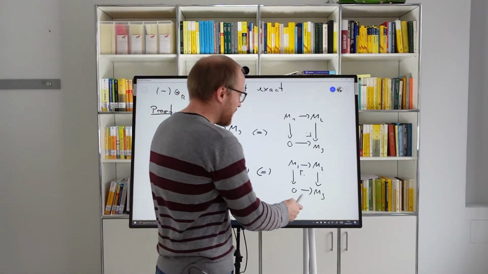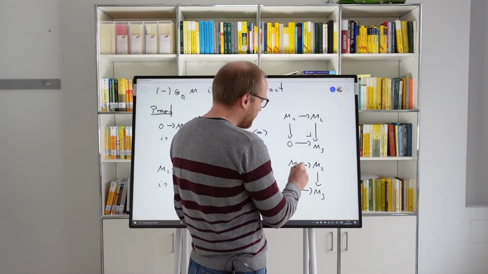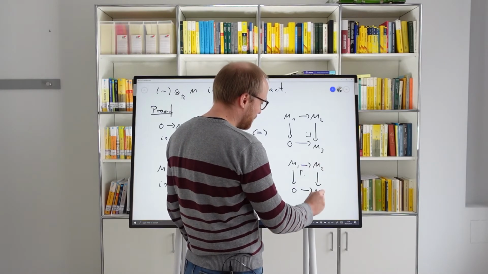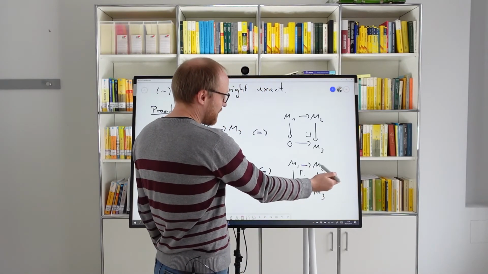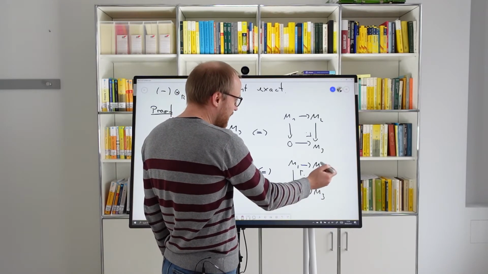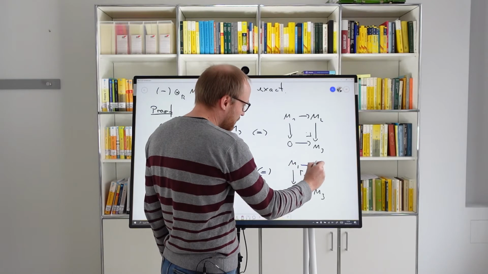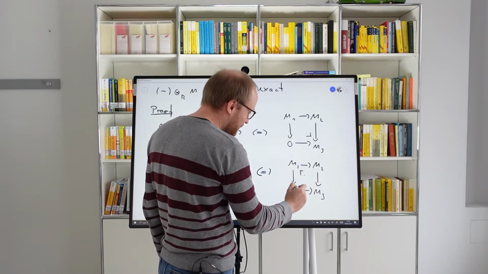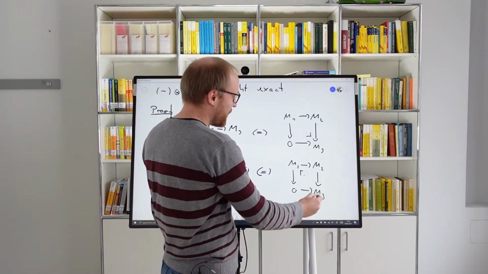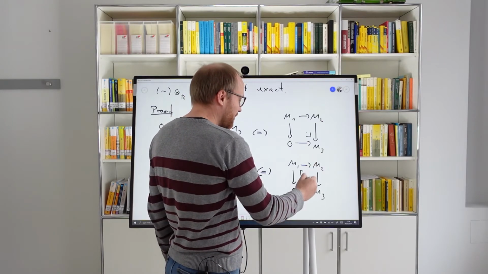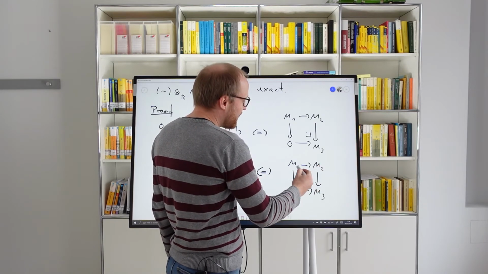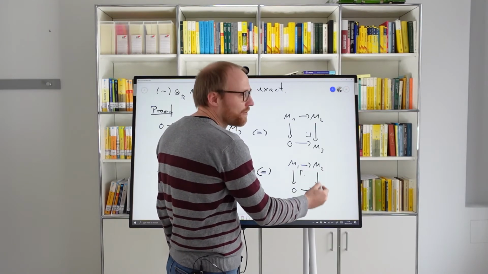And on the right-hand side, if I consider this push-out square, then I have this homomorphism m1 to m2, and going here to 0. So what's the push-out? The push-out means I get the direct sum of these two and I have to mod out the relation that everything that maps from M1 to here should be the same as if it had mapped this way around, which means it is 0. In other words, it's just the coproduct of M2 and 0, which is just M2, modulo the relation that everything that lies in the image of this homomorphism is 0.